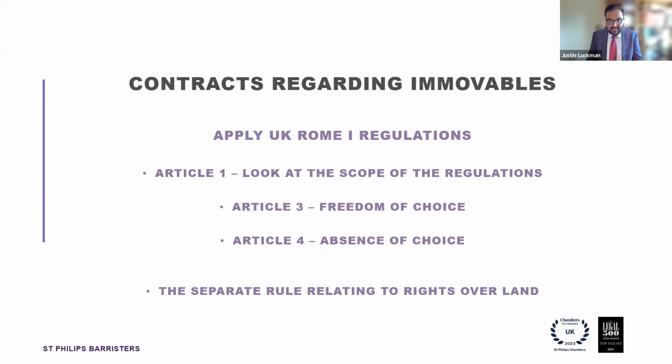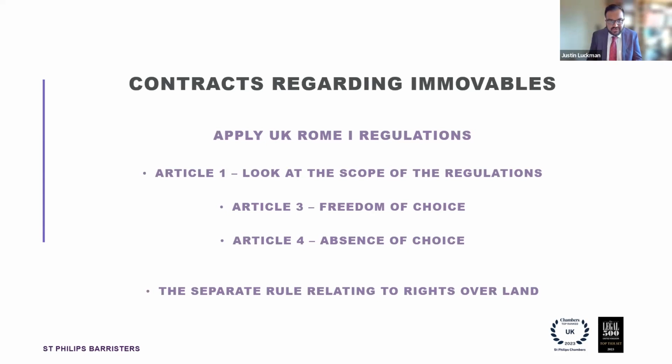For your purposes, if you go on Westlaw and type in the law applicable to contractual obligations, non-contractual obligations, the retained text is actually on Westlaw in full format. So you don't need to go to the actual regulations 2019 to find the small amendments. You can find the entire retained legislation with those amendments on Westlaw. And in effect, I've had a look at this.